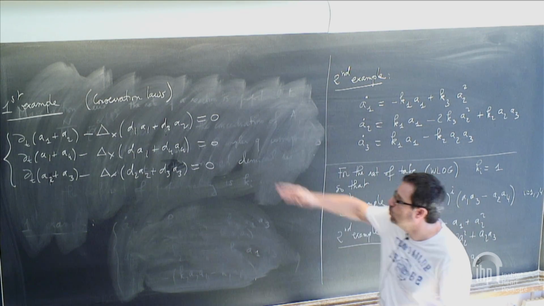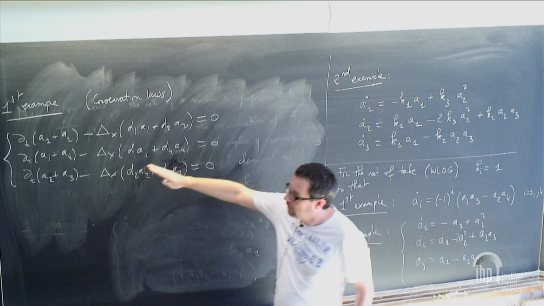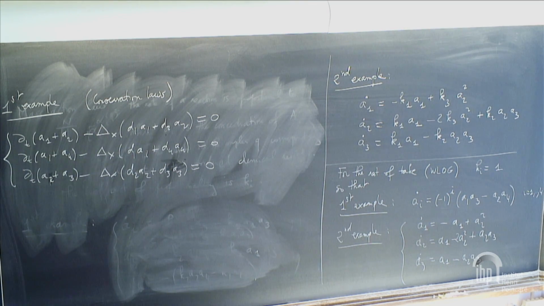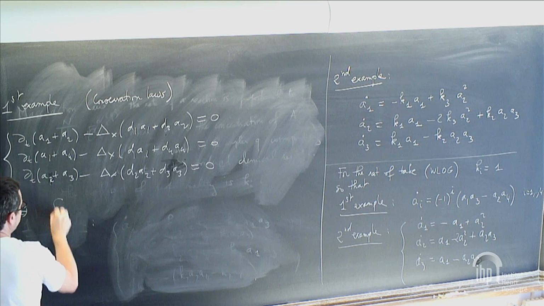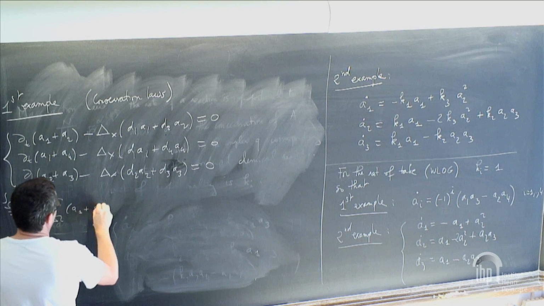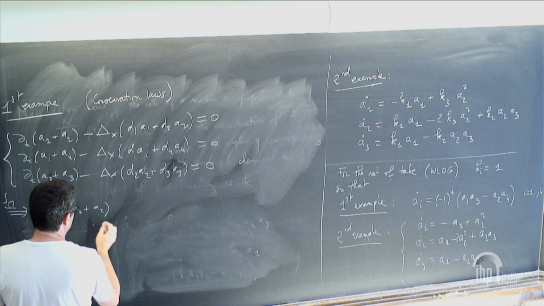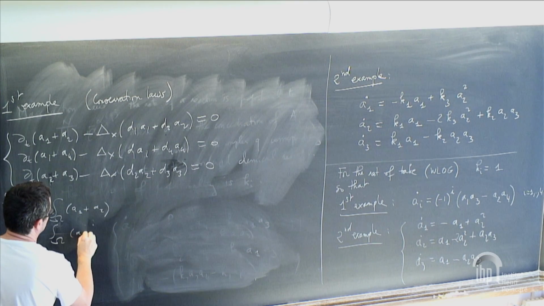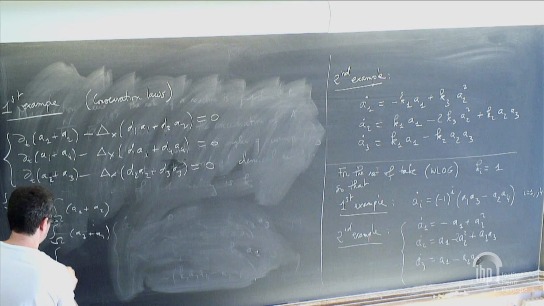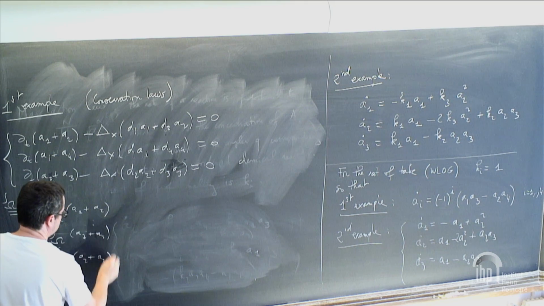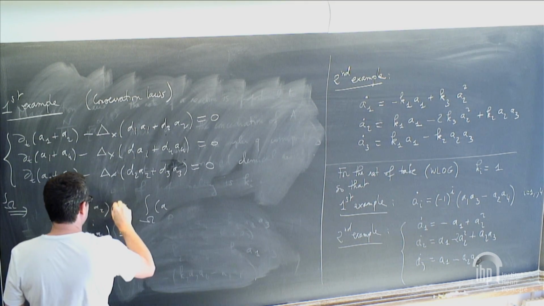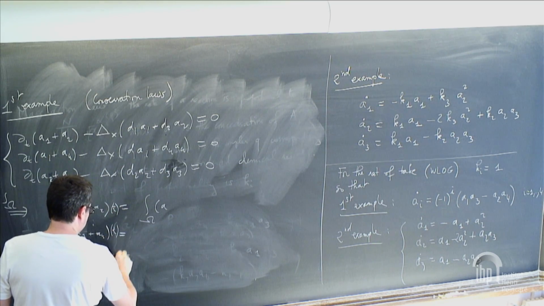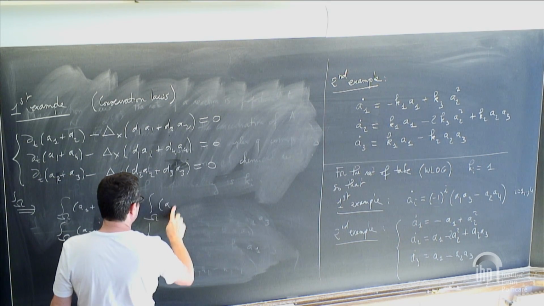Okay? Now, if you just integrate this on omega, and using the Neumann boundary condition, you will end up with the fact that those quantities at time t are equal to the same at time 0.